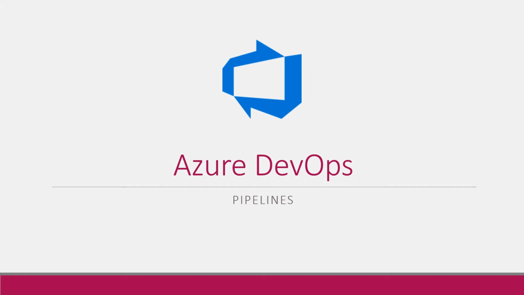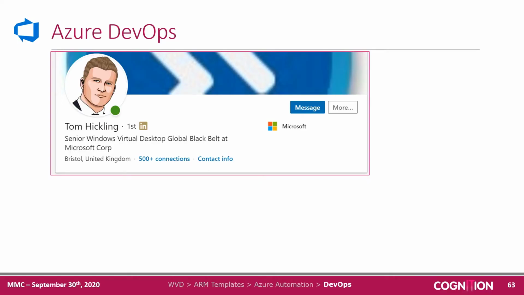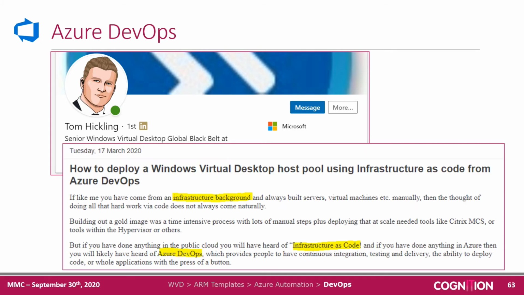So lastly, in this presentation, I wanted to show you some of the basic steps to get you started with Azure DevOps and automation. And the one thing that definitely kickstarted my adventure in Azure DevOps was a blog post by Tom Hickling, one of our WVD global black belts.